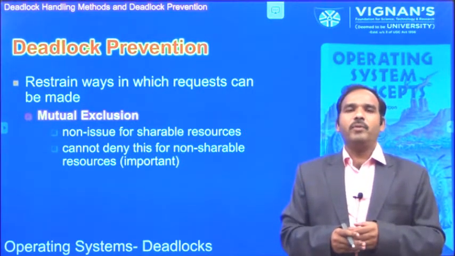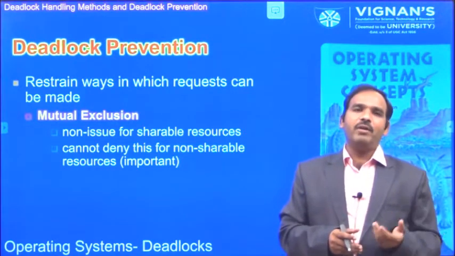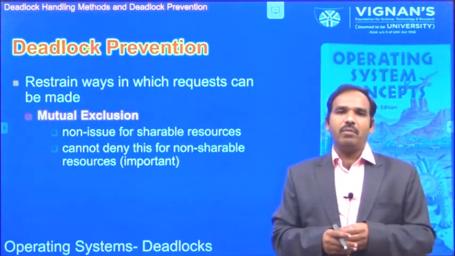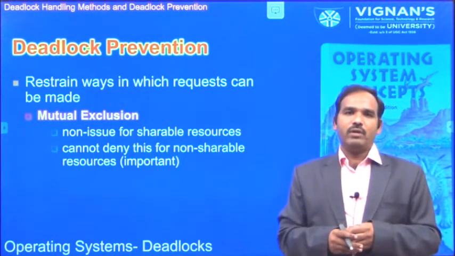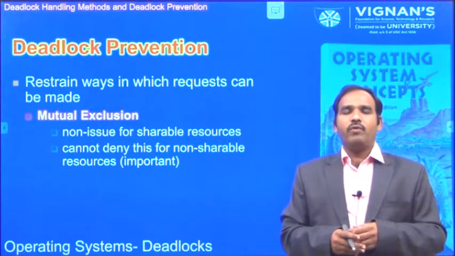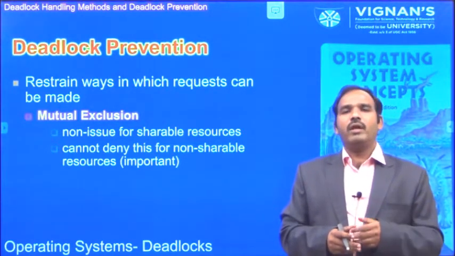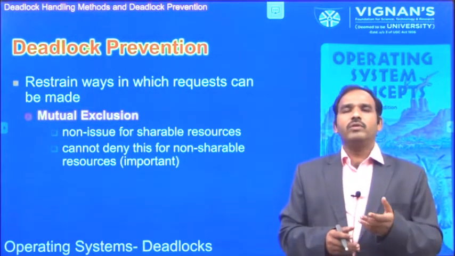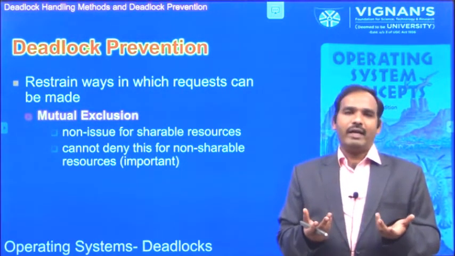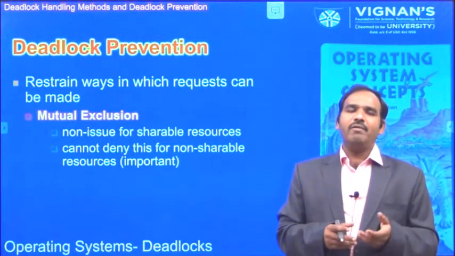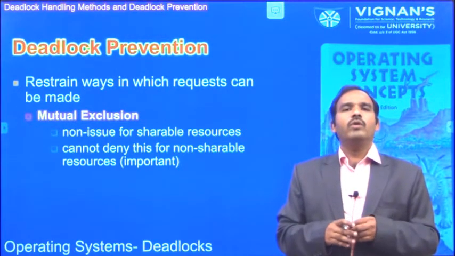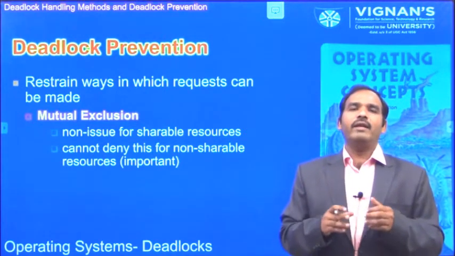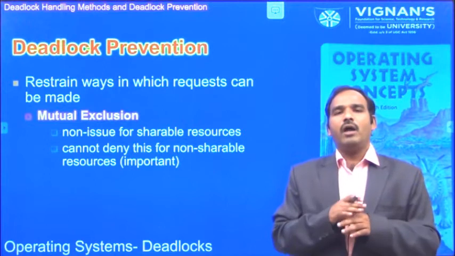Suppose it is a writable file. If the file is opened in write mode, that is also a non-shareable resource. For non-shareable resources, mutual exclusion is compulsory. For shareable resources, mutual exclusion is not required. But the full denial of mutual exclusion is not possible.